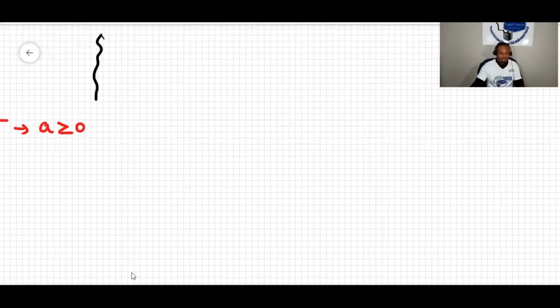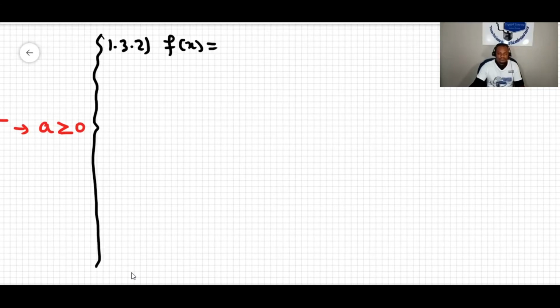We want the values of x for which f of x equals 2x minus 1. Now, f of x is given by the square root of 2x plus 1, so let's find the values of x for which it is equal to 2x minus 1.